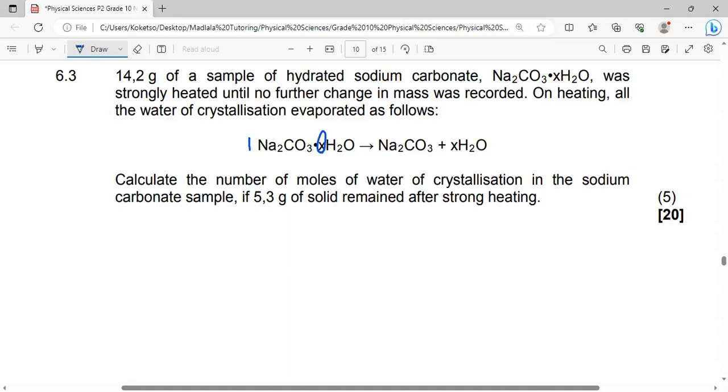And this is going to produce sodium carbonate itself plus a certain number of moles of water, like that. So the question says, determine the value of X, which is just the number of moles of the water of crystallization in the sodium carbonate sample.